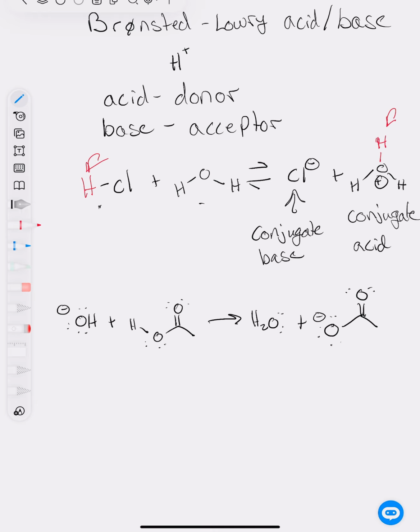Now what we have is these electrons moving towards this proton, and then that removes this bond, and those electrons flow back to the oxygen.